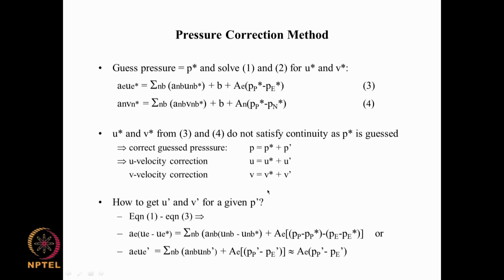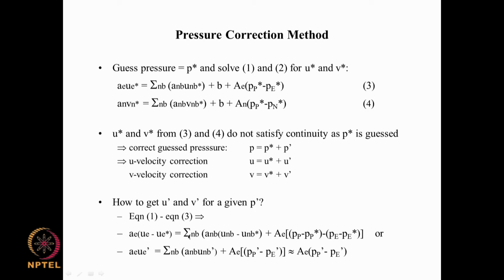So, those terms will come here. The subtraction will give us a times u e minus u e star plus the sum of all these things, where each of them is expressed as u nb minus u nb star.